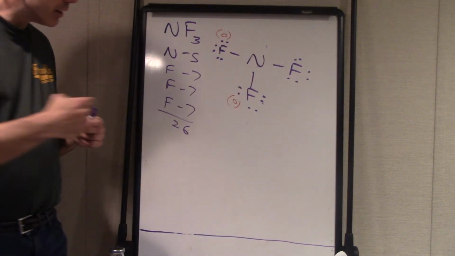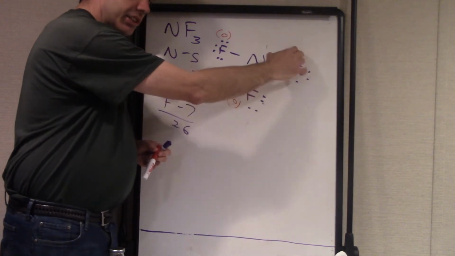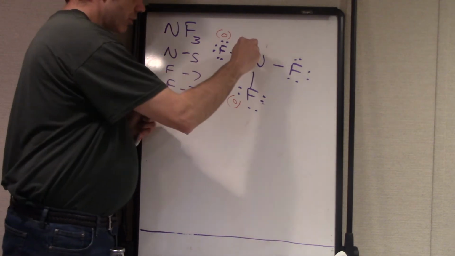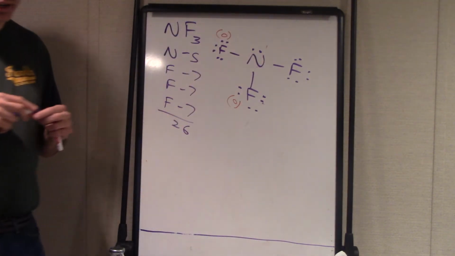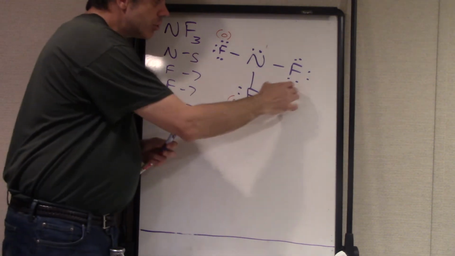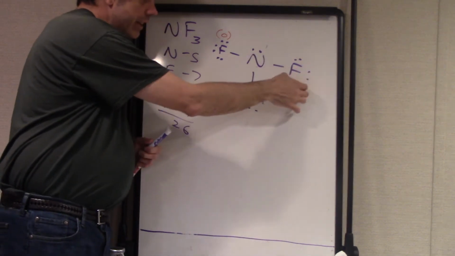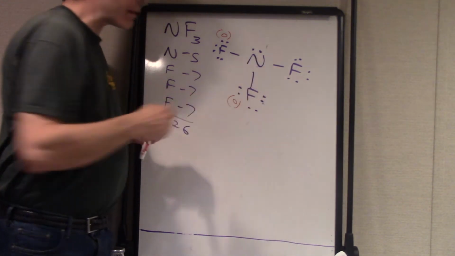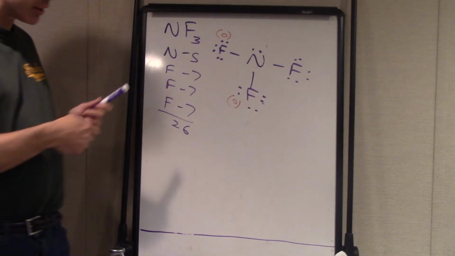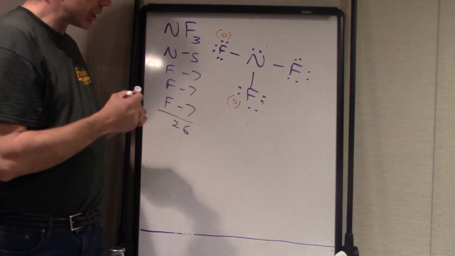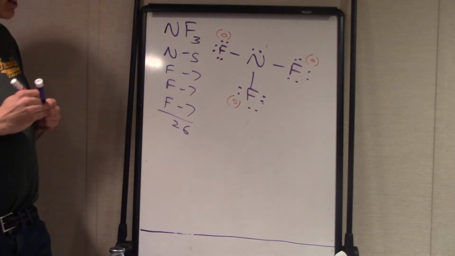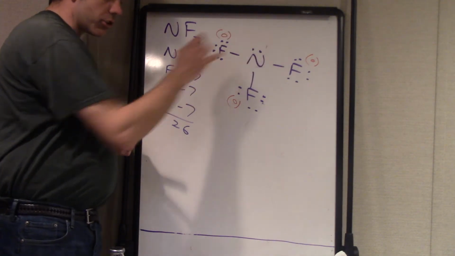Fluorine on the right, again, 2, 4, 6, the lone pairs definitely belong to the fluorine. 1 from the bond makes 7. Again, that matches our valence electrons. Formal charge of 0.